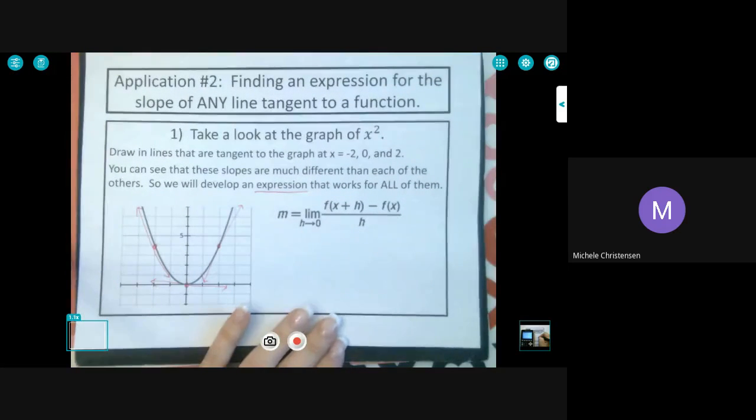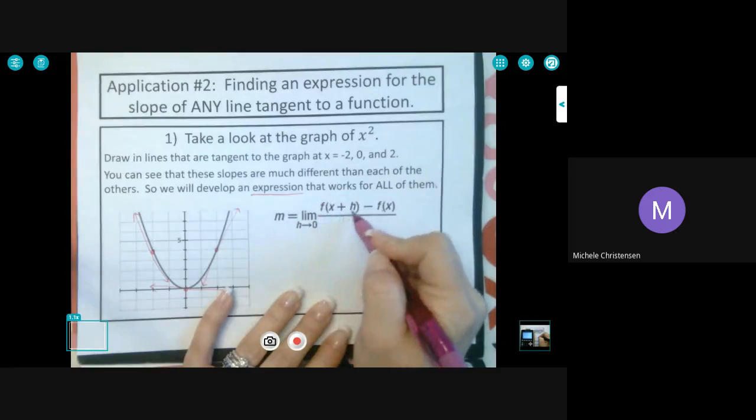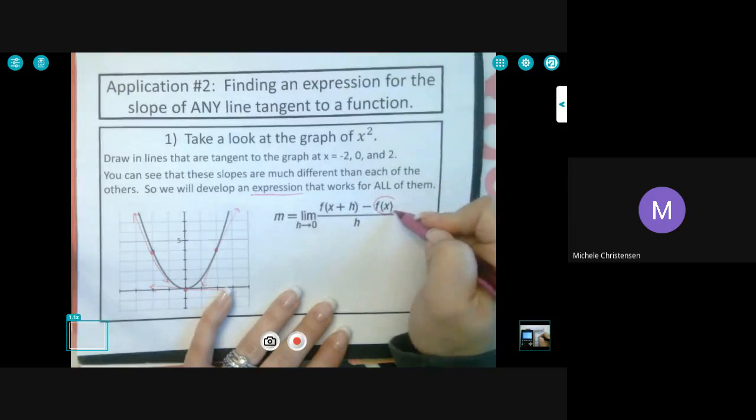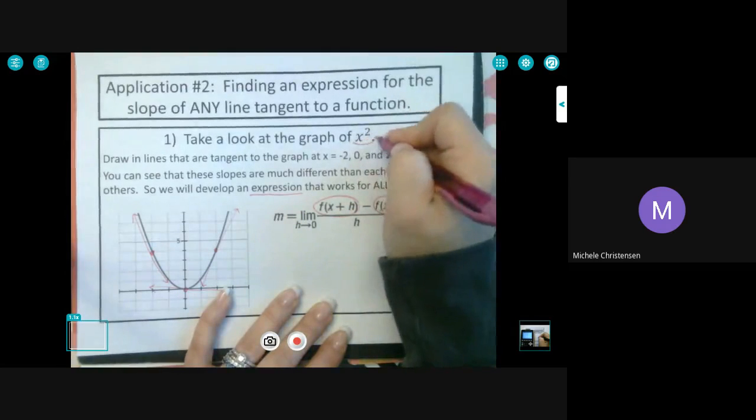So we're going to leave them as f of x, and we're going to leave it as f of x plus h. We're going to do the same process, though. We're going to plug each of these function notations into the equation we were given.